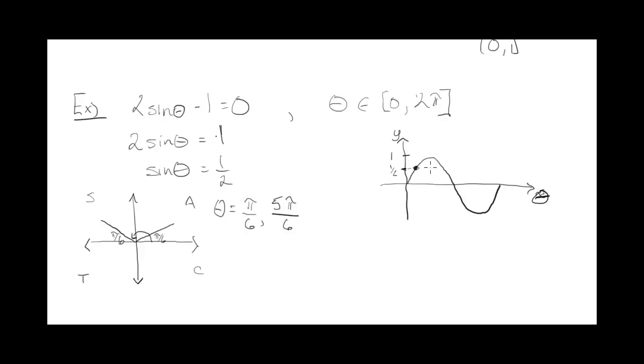So we're looking for this x value, or theta value, and this theta value, right here and here, which turns out to be pi by 6 and 5 pi by 6, but you kind of have to think about the related acute angles in order to figure out where that would be on the graph anyways. So in this case, when it's a special angle, and the ratio comes from a special triangle, I usually suggest thinking about it as the angle on the Cartesian plane.